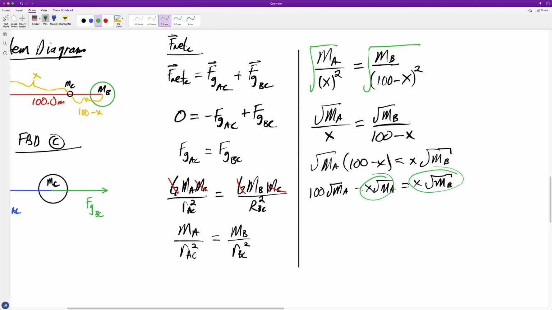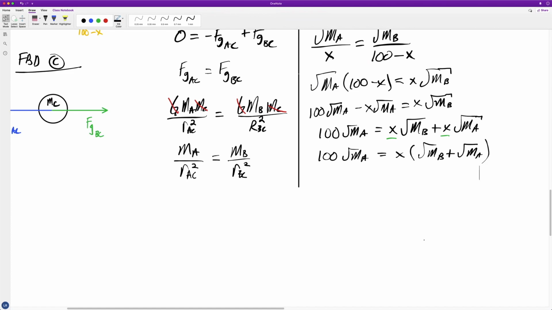So I need to collect like terms, which means I bring this x term over to the other side because of this negative. This gives us 100 square root MA is equal to x square root MB plus x square root MA. As you can see, x is common to both of these terms, so I'm going to take a common factor.